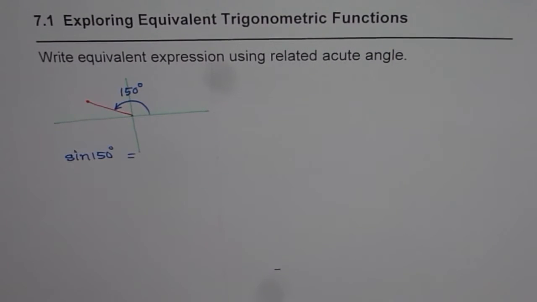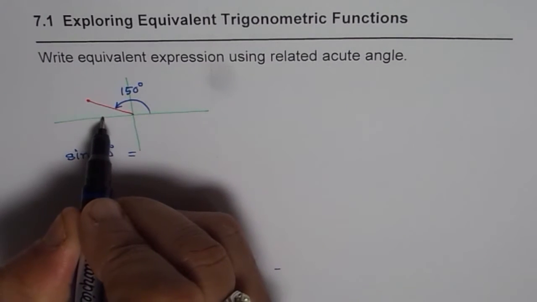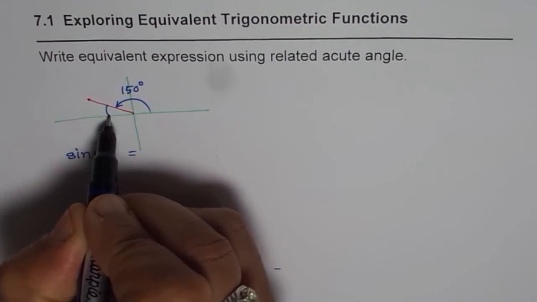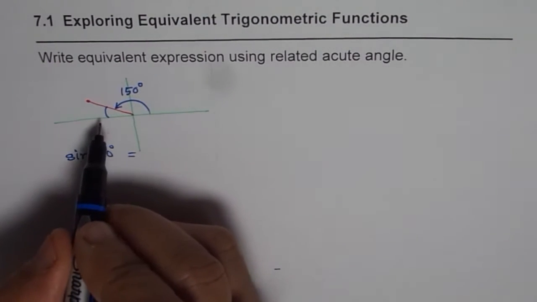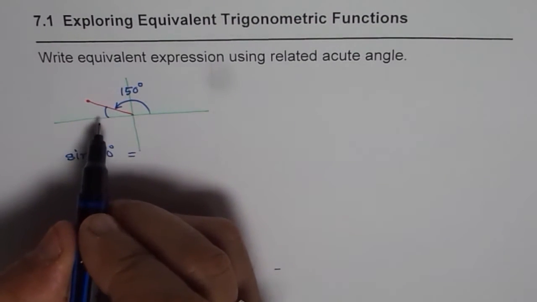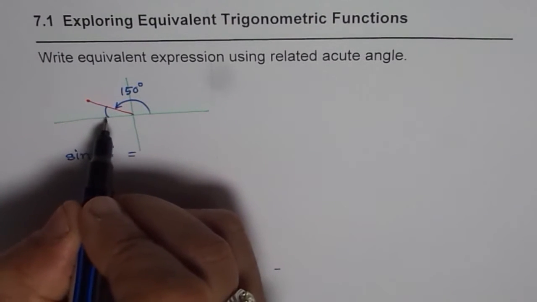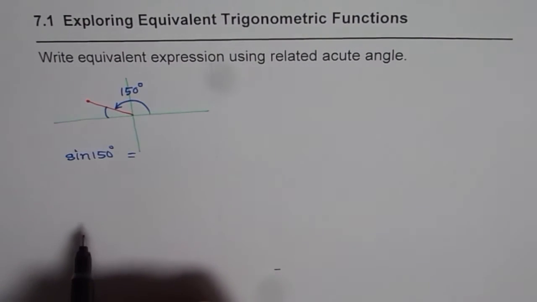Now, in this particular diagram, the acute angle will be the angle which the terminal arm makes with the horizontal. So that is the acute angle we are talking about. We also refer to it as the reference angle, so at times you may call it A. So this angle is 180 minus 150, correct?